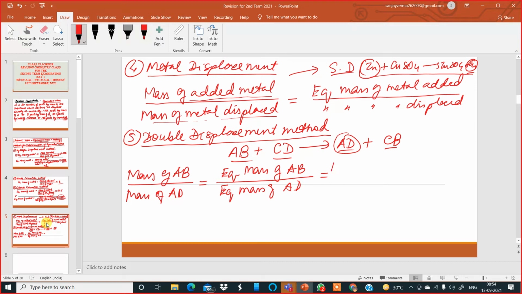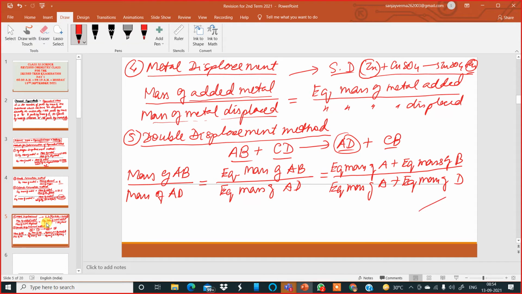So we can write the equivalent mass of A plus equivalent mass of B, divided by the equivalent mass of A plus equivalent mass of D. If you apply this formula for the double decomposition method, you can get the answer. This is the important formula which you have to remember for calculations.